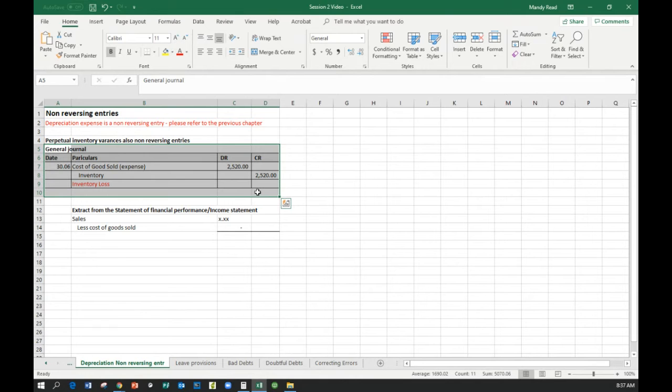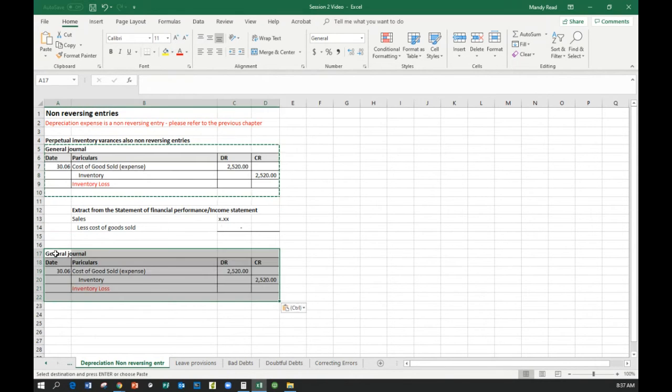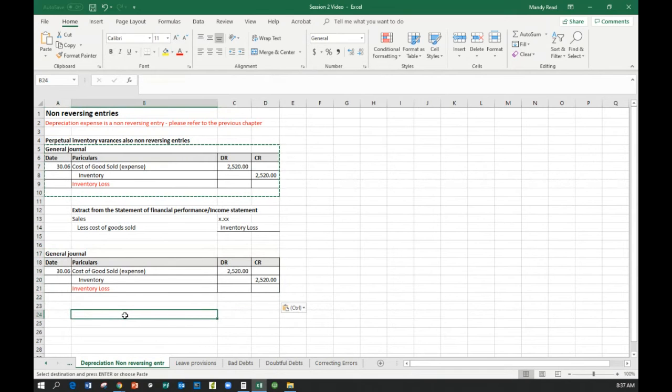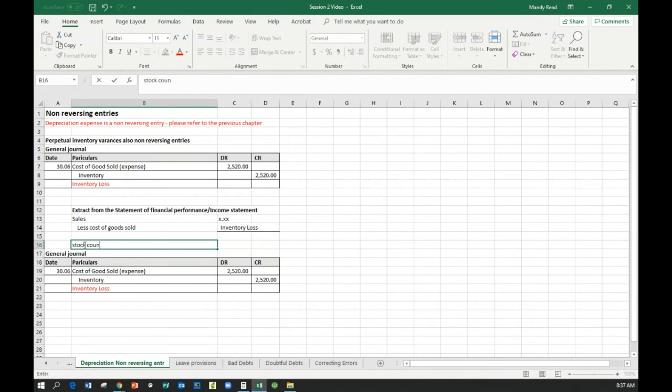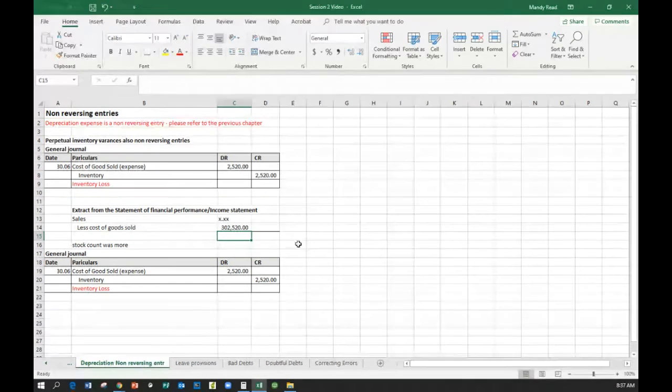Now, you have to bear in mind that sometimes you might get an instance whereby your actual physical stock count is more. Okay, and this does happen. So in which case, say this was a situation where the stock count was more, it's going to be slightly different. I'm just going to put my $302,000 back in there.